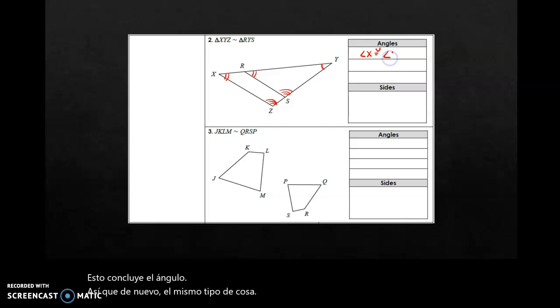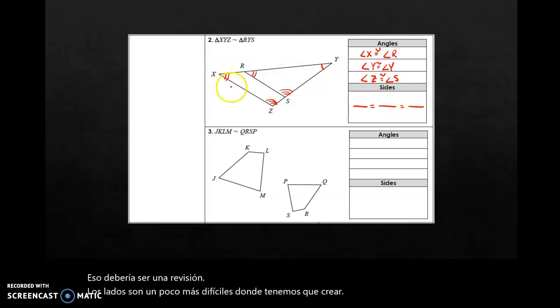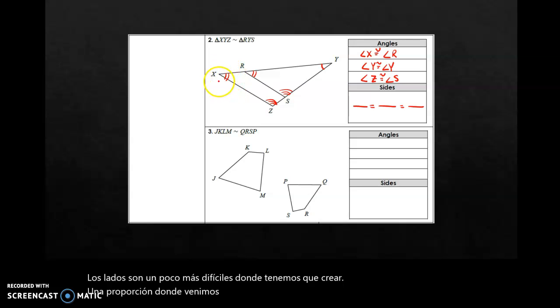The angles should be pretty easy. That should be a review. The sides are a little harder, where we have to create a proportion where we compare our three corresponding sides.